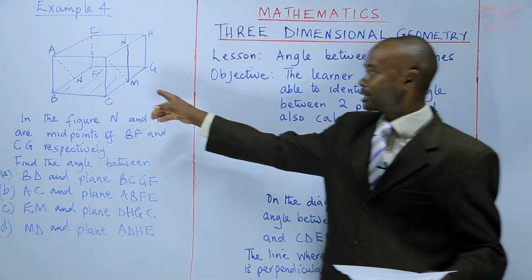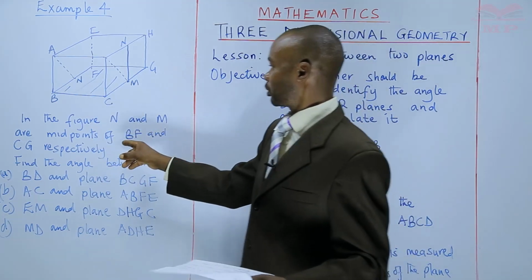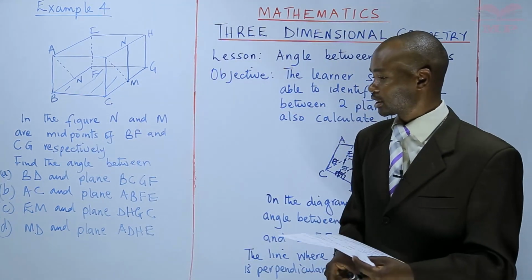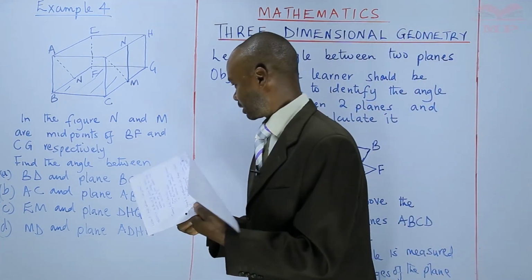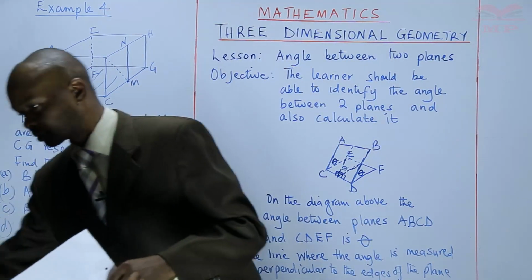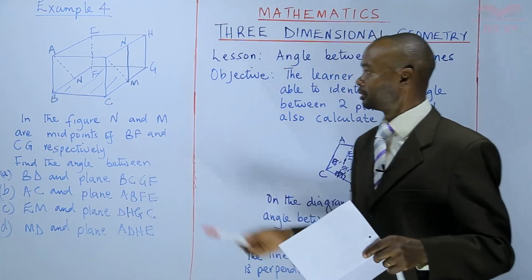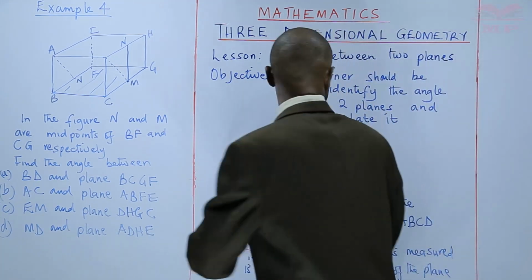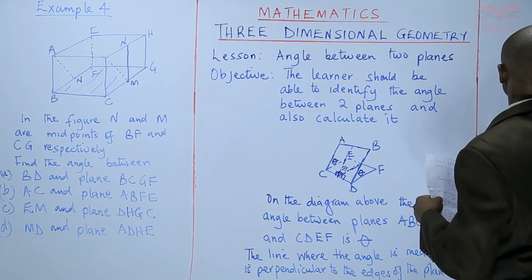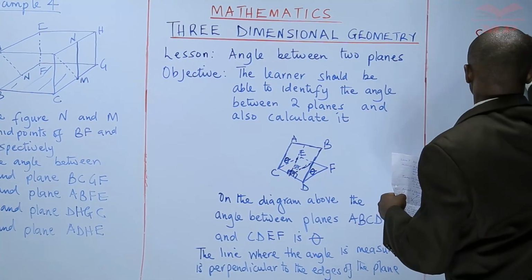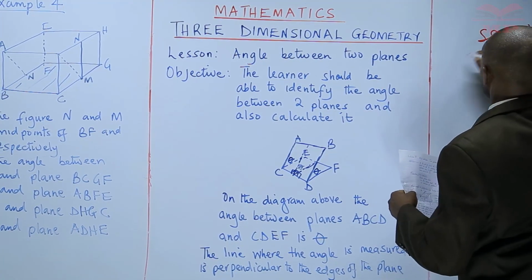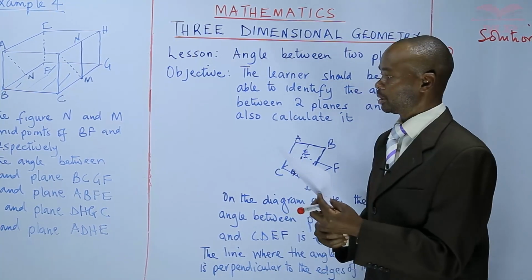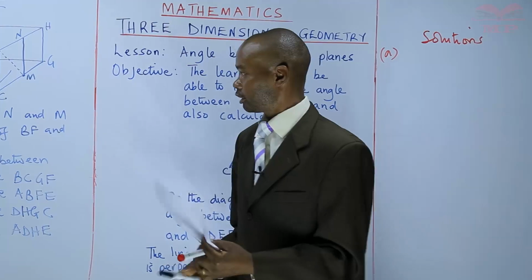In the figure, N and M are the midpoints of BF and CG respectively. You are told to find the angle between, we come to solutions. A: find the angle between BD and BCGF.